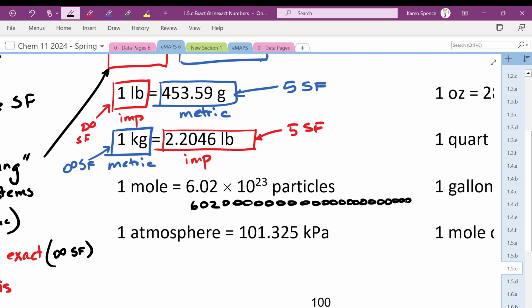No, it won't. So this is approximated. And therefore, how many sig figs in 6.02 times 10 to the 23? 3 sig figs. How many sig figs in 1 mole? Infinite sig figs.